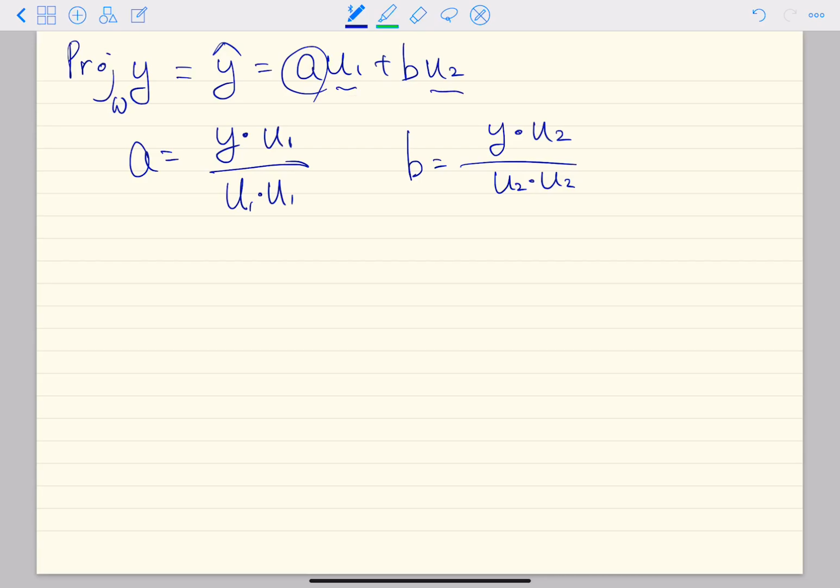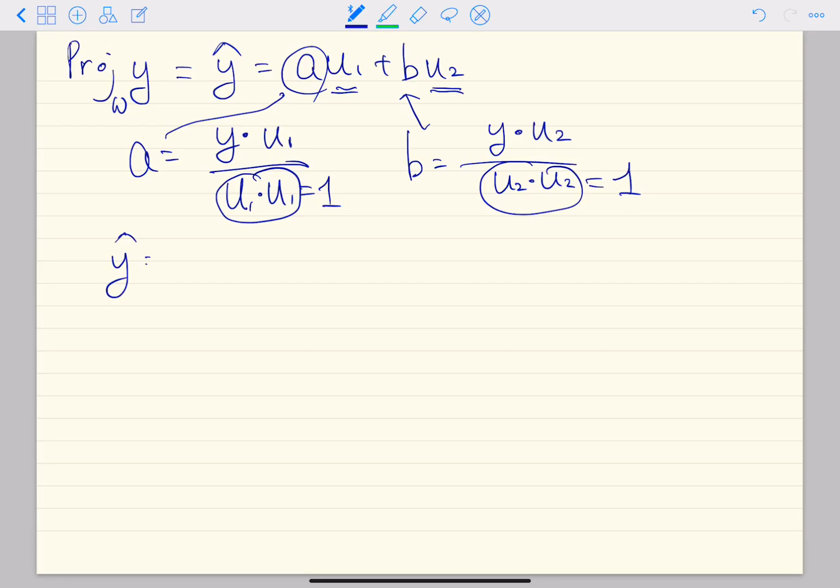U1 and U2 are an orthogonal basis to span our subspace W, which means their vector length is not necessarily 1, but if their vector length becomes 1, then this denominator will become 1, right? Let's just plug these two values into the places of A and B.